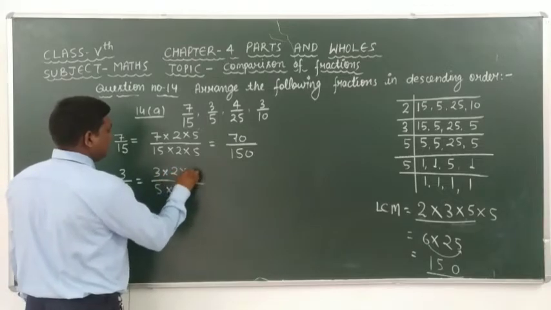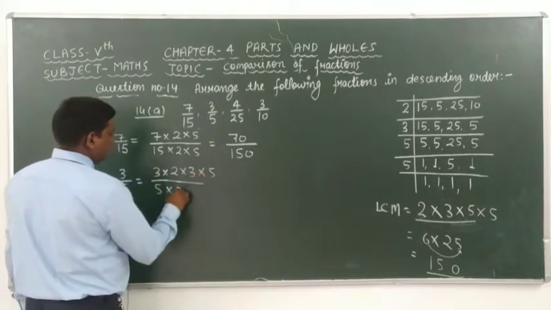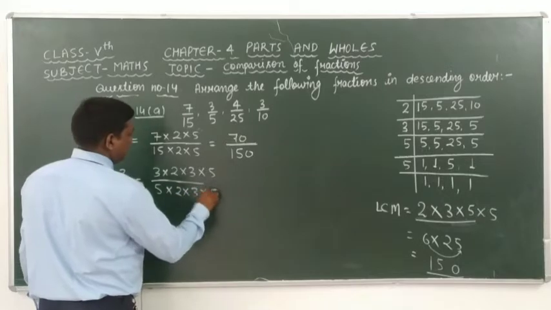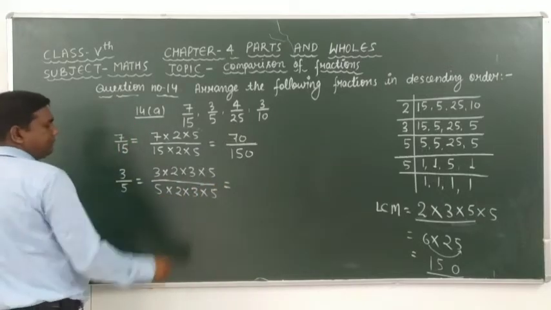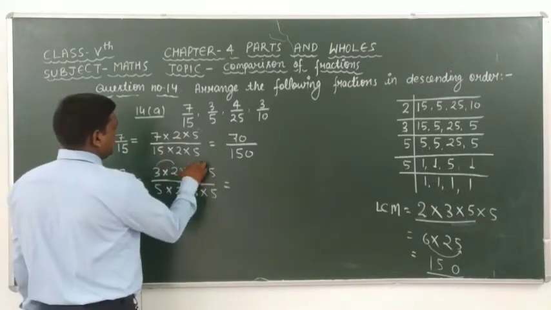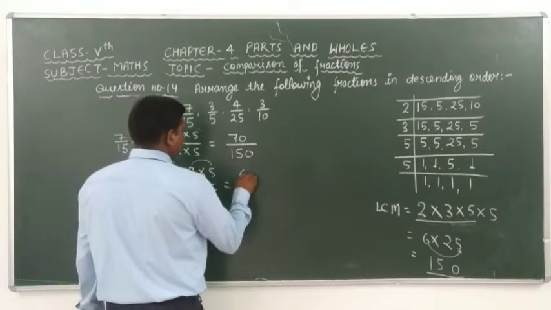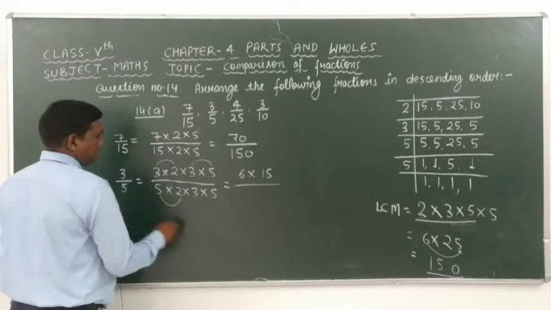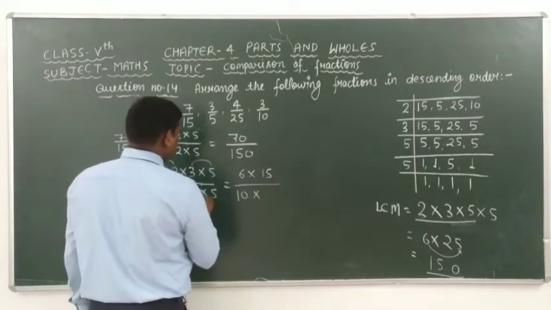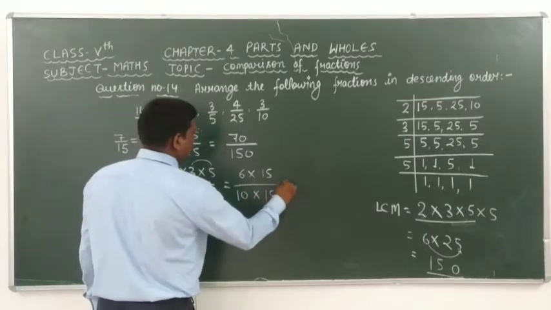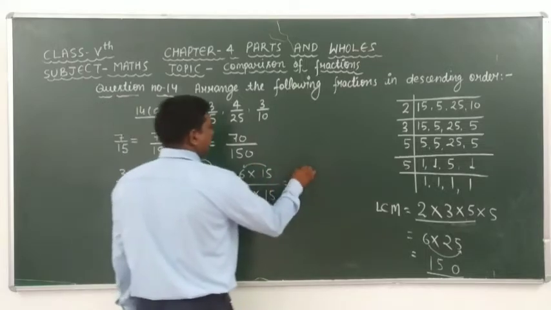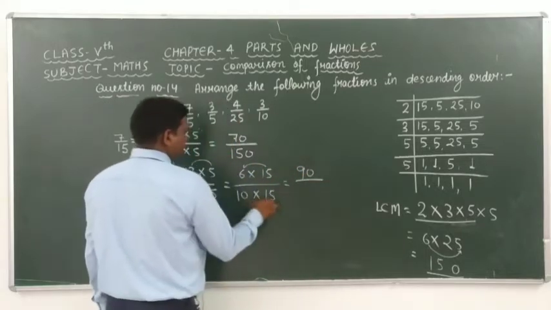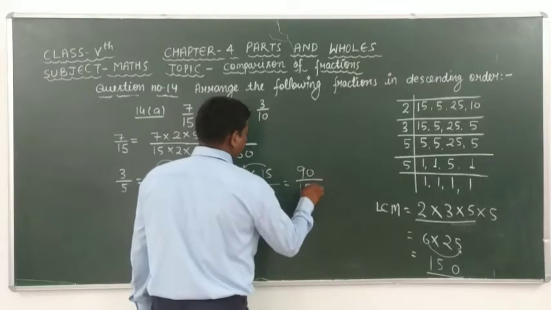Look at here carefully. After multiplying these, we get 3 times 2 is 6 and 6 times 15 is 90, over 5 times 2 is 10 and 10 times 15 is 150.